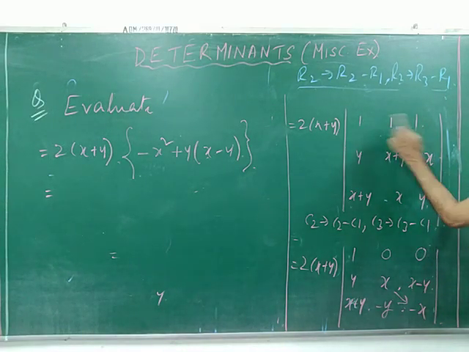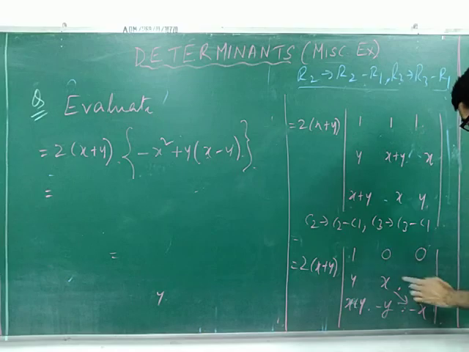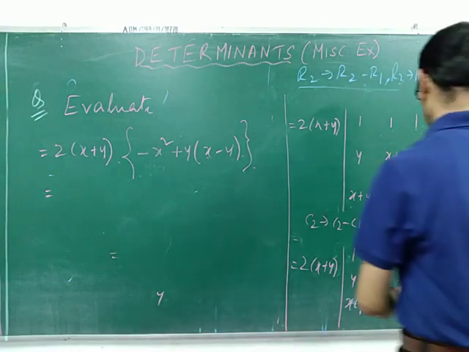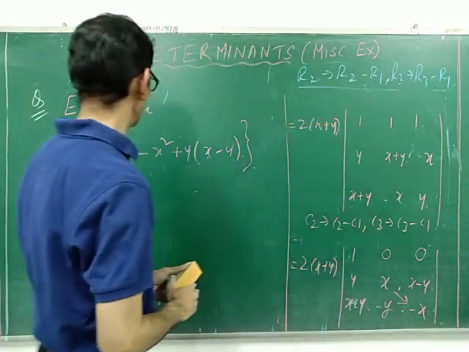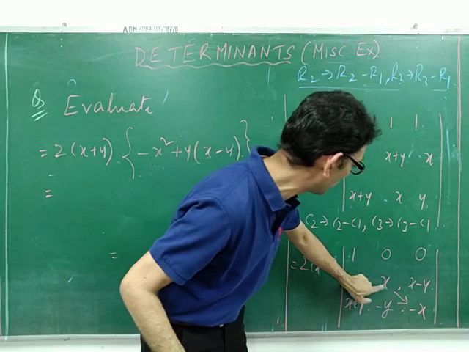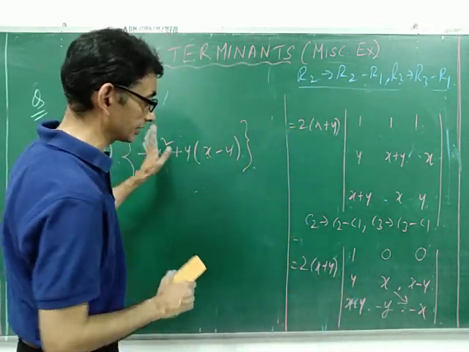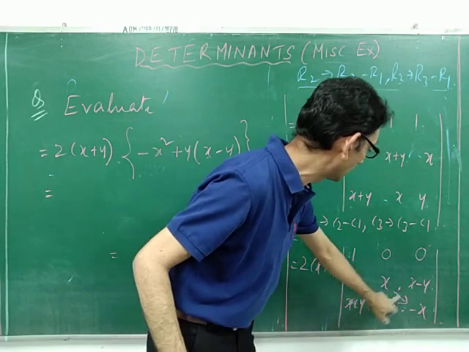This is 1 minus 1 is 0. Then x minus y, that is y minus x minus y. Okay, I think this element, that is minus x, is correct. Okay, so if you expand along the first row, this will be x into minus x. So it has to be minus x squared. Then there will be another minus sign. This is plus y, x minus y.